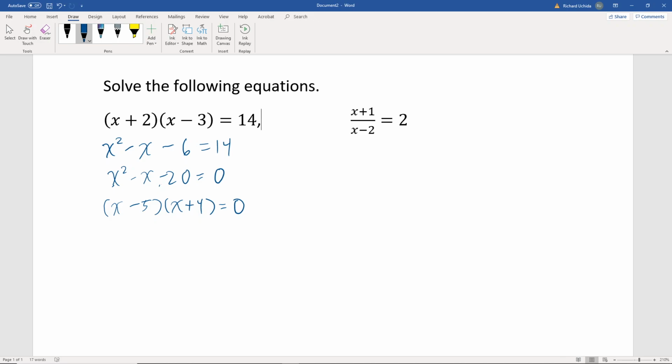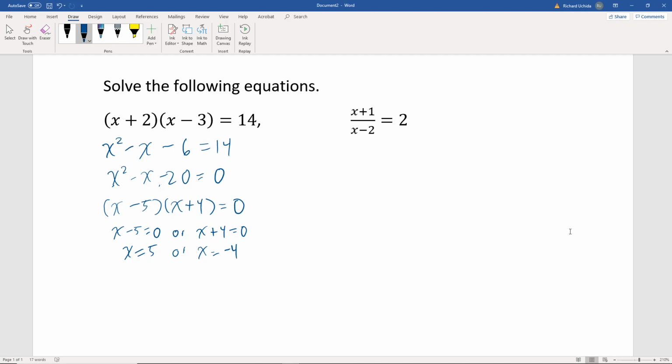So using the zero product property, either the x minus 5 is 0 or the x plus 4 is 0. And then solving those separately, we'd have x is 5 or x equals negative 4. So those would be the solutions to that quadratic equation.